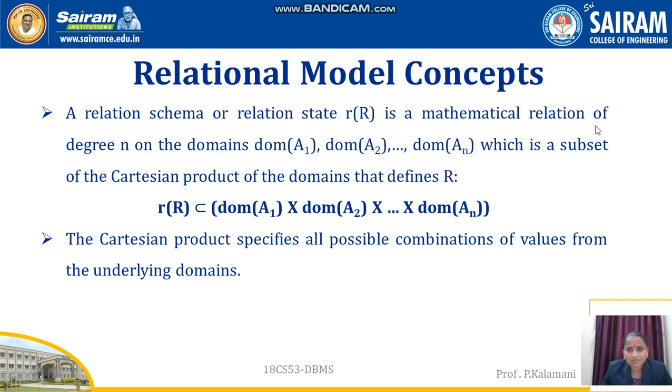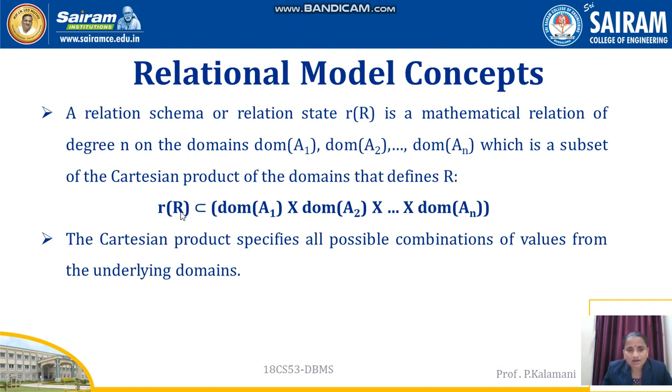The relation state r(R) is a mathematical relation of degree n on the domains of A1, A2, etc., up to AN, which is a subset of the Cartesian product of the domains that defines R. So it may take any possible value.